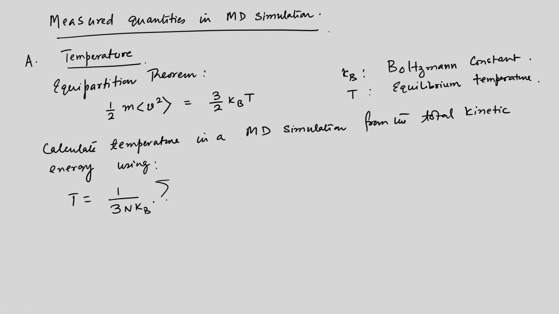For N particles, i going from 1 to N, these are m_i v_i square. This quantity you see here is actually calculated from the MD simulations. One can note that the kinetic energy, which we will write as KE, is the kinetic energy.